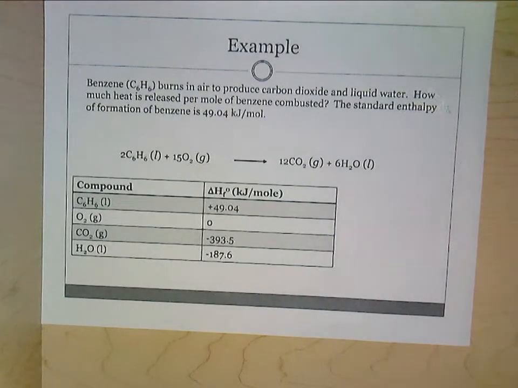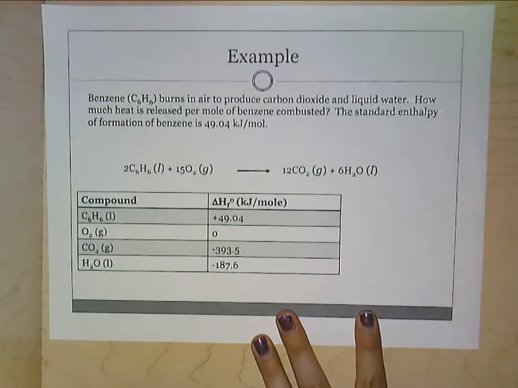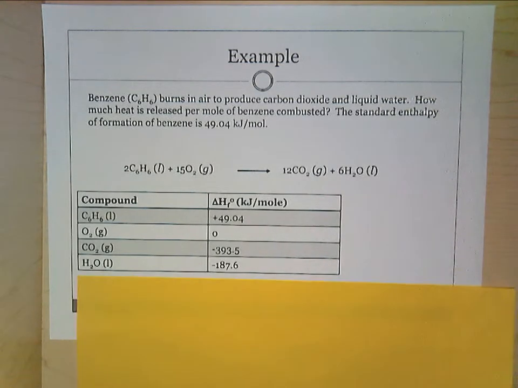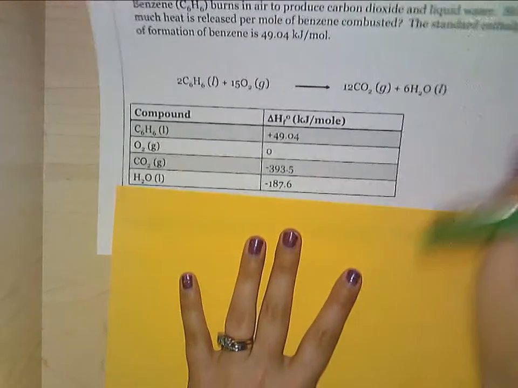Benzene burns in air to produce carbon dioxide and liquid water. I would like to know how much heat is released per mole of benzene combusted. So what we're going to need to do is use our Hess's law to solve this problem. Here's your equation, and there's your fancy table.